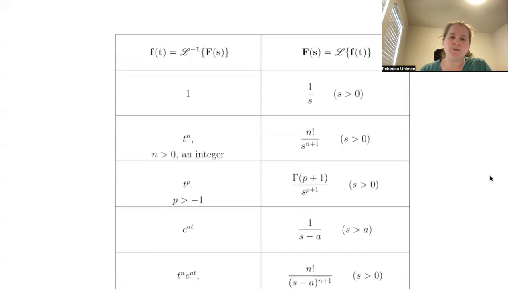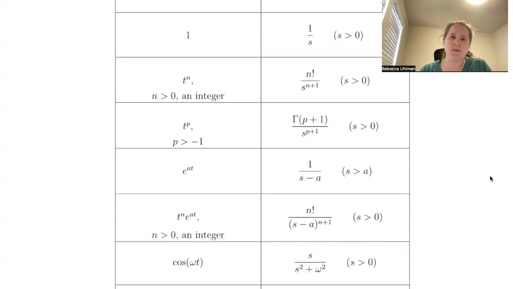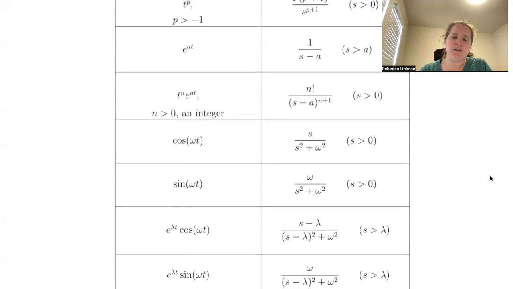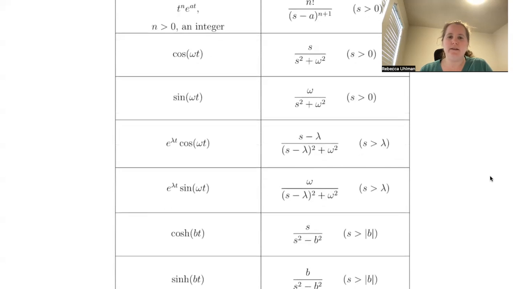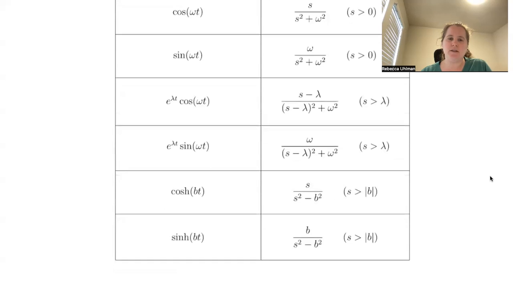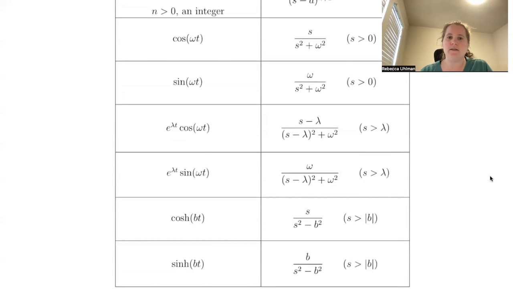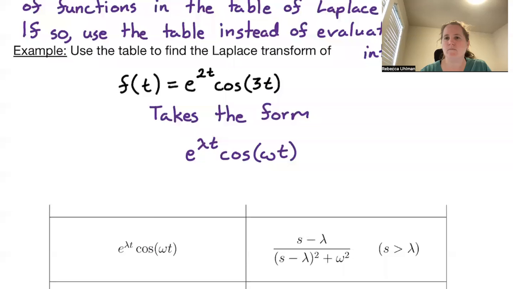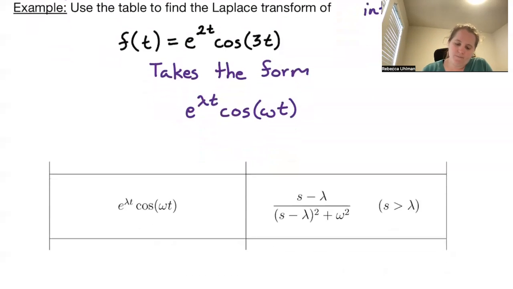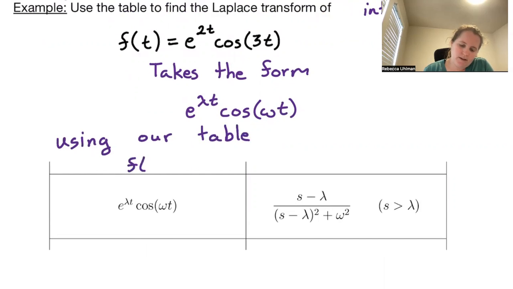So here's our Laplace transform table. We are looking for e to the lambda t times cosine of omega t. And here we have it. So I'm going to go ahead and just transfer this particular line over to our notes. Again, using our table, we have our f of t column.